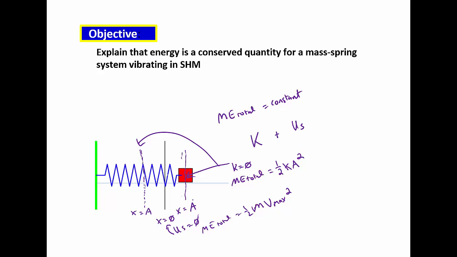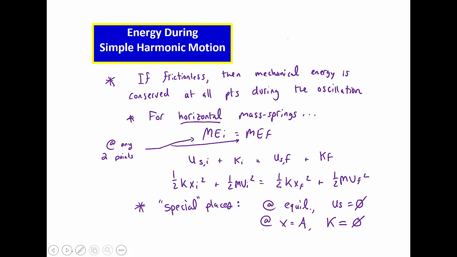So I want to formalize and write down some of the stuff we talked about in the last minute or so. If we have a frictionless system, then we would say that mechanical energy is conserved at all points during the oscillation. We've got that closed, isolated system. And if my spring is horizontal, then I know that the mechanical energy initial at any point is going to equal the mechanical energy final at any two points in the motion, wherever I could be.